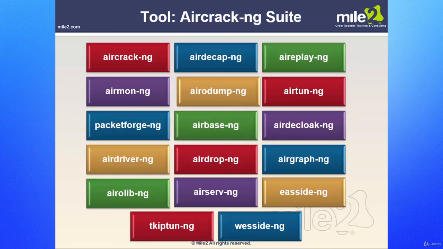Then we use airodump-ng, which allows us to start packet capturing and save it to a capture file. We then would use something like aireplay-ng to replay those packets, and to disassociate and deauthenticate users off the network. Then we use aircrack-ng, once the WPA2 handshake, for instance, has been captured, to actually crack it and so forth.